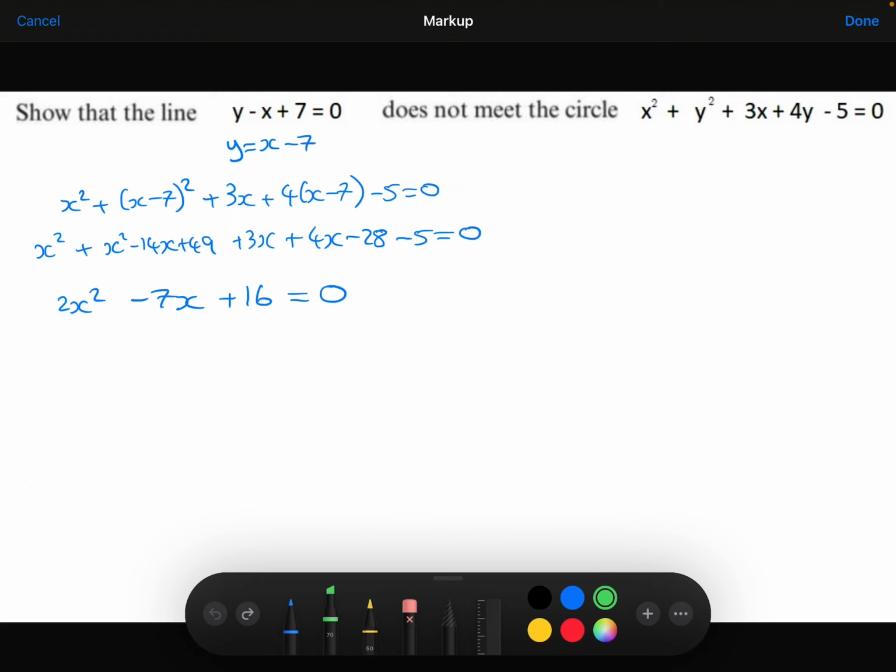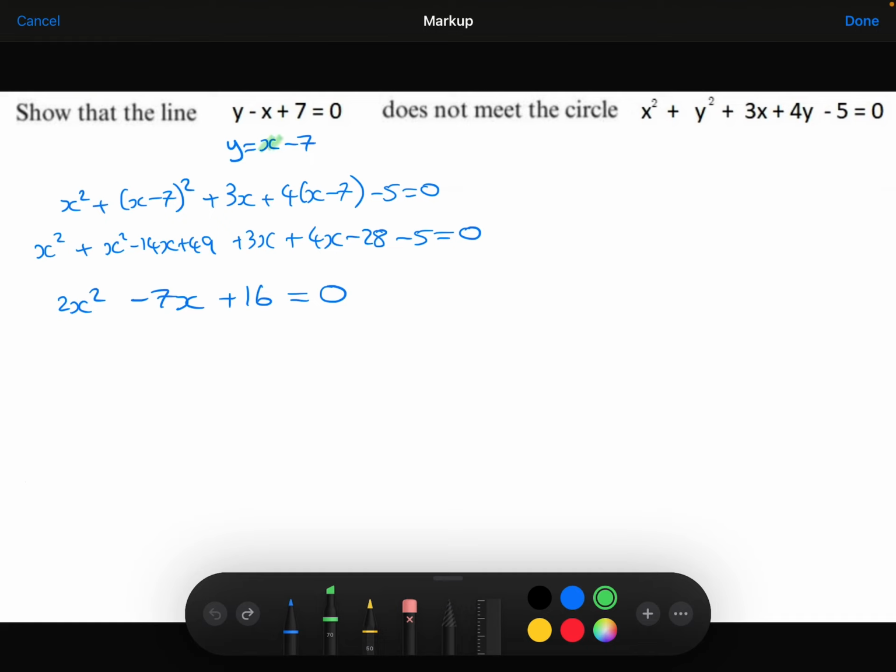Now, you can see I've started this question in exactly the same way as the previous one, in that I'm assuming that they do meet to begin with. So I've started to do some simultaneous equations. I've rearranged this to make y the subject. So I added the x and subtracted the 7 from both sides. You could have made x the subject if you wanted to. It doesn't really matter in this example.